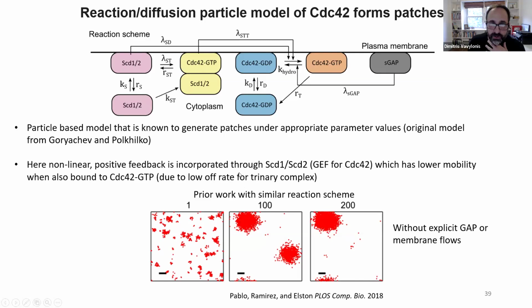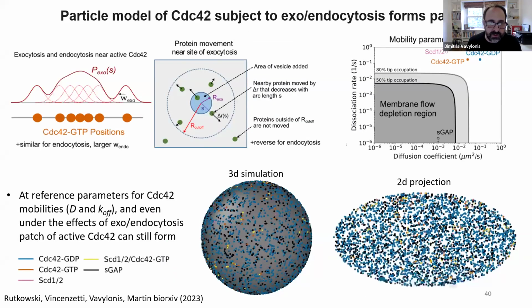And so this model here with just that, that's described, is known to create patches on the membrane. This simulation by Pablo. What we added to this model is the presence of a slowly diffusing GAP and the flow, as I described, by this displacement of proteins around the sites of exocytosis and endocytosis. So here we assume that whenever we have active CDC42 on the membrane, around that we will have enhanced exocytosis and over a broader area endocytosis.